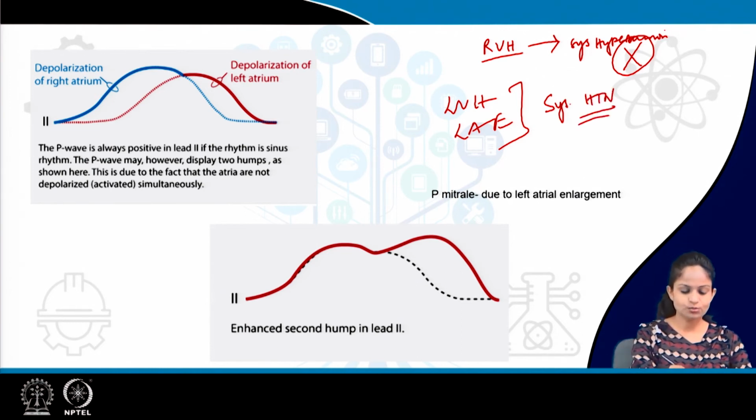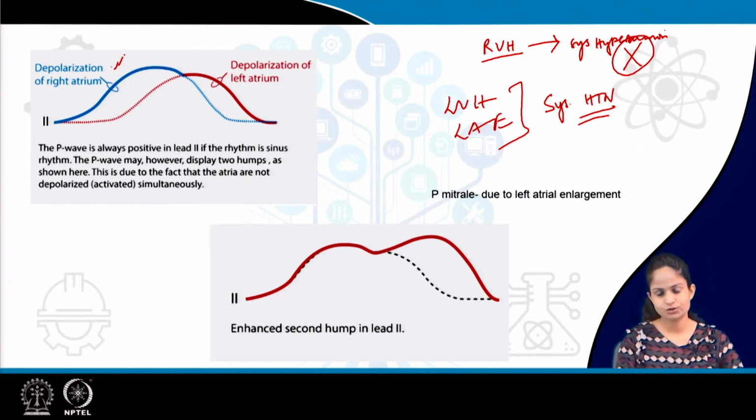These are the two waves we see because of the depolarization of the two atria, the left atrium and the right atrium. Generally, we do not see these two waves separately, because both atria usually depolarize synchronously, but we see these two humps separately whenever there is abnormality in the conduction of impulses in the two atria, which usually happens in left atrial enlargement.